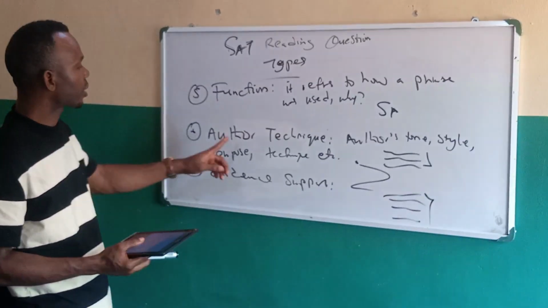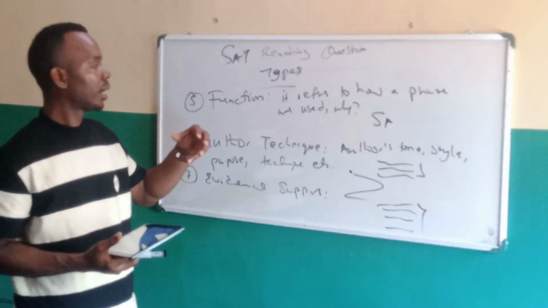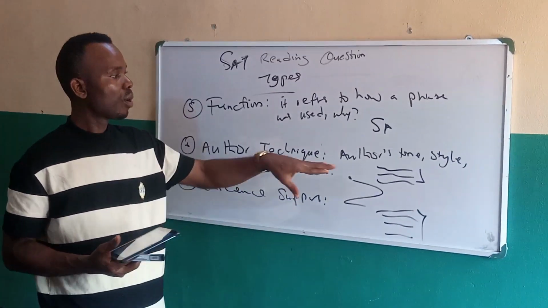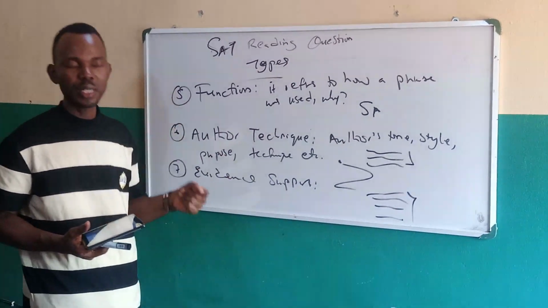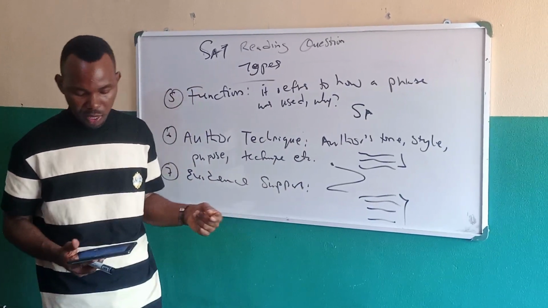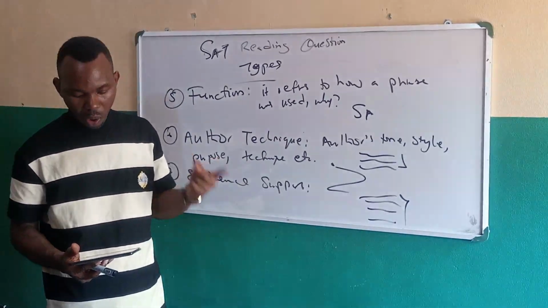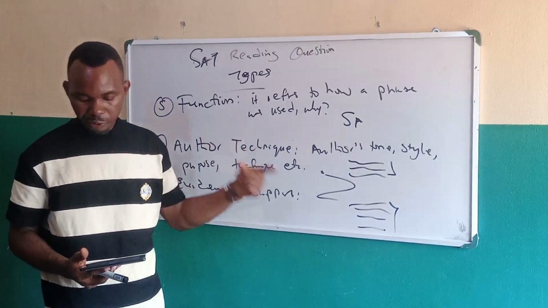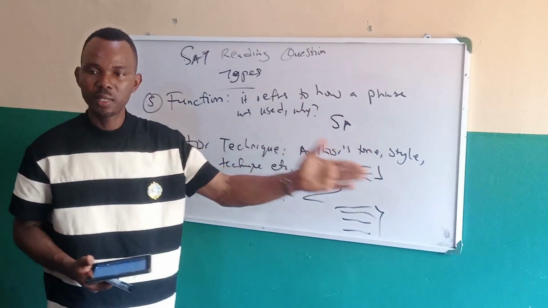Then the next one is called the author technique. What you need to do is to find out what is the tone, what is the style, what is the purpose, what is the technique of the author. So in this question type, you may have questions like, during the course of the first paragraph, the author's focus shifts from maybe this to this.